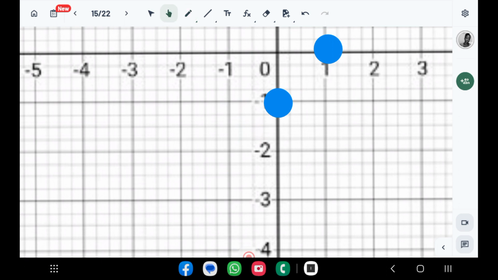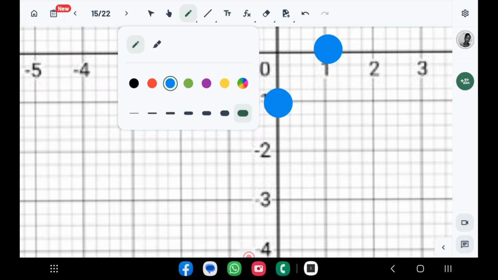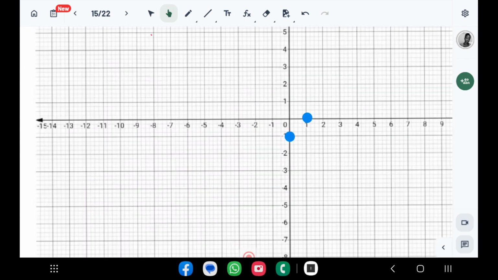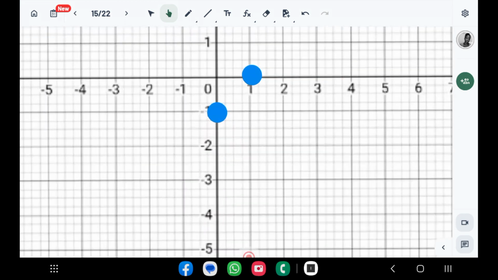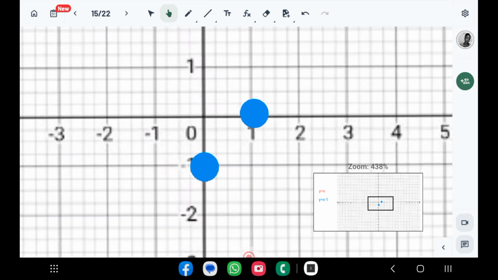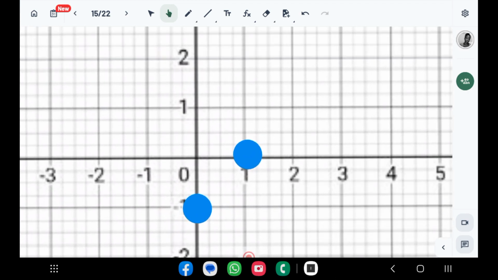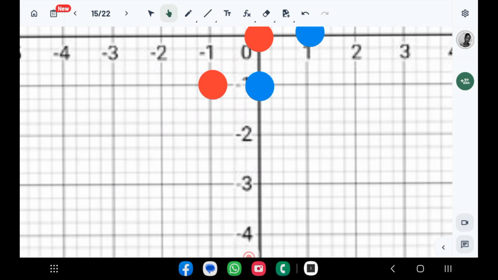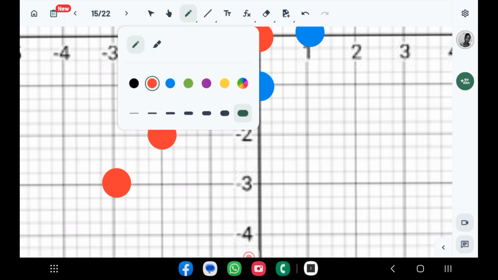All right, now let's plot the normal y equals x graph for comparison purposes. This one goes like this: (0, 0), (1, 1), (2, 2), (-1, -1), (-2, -2), (-3, -3).